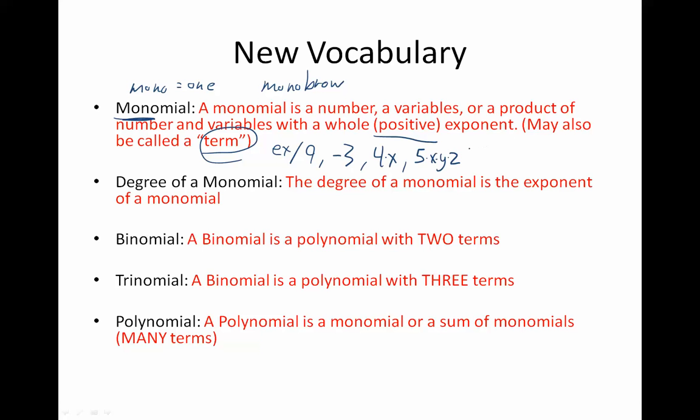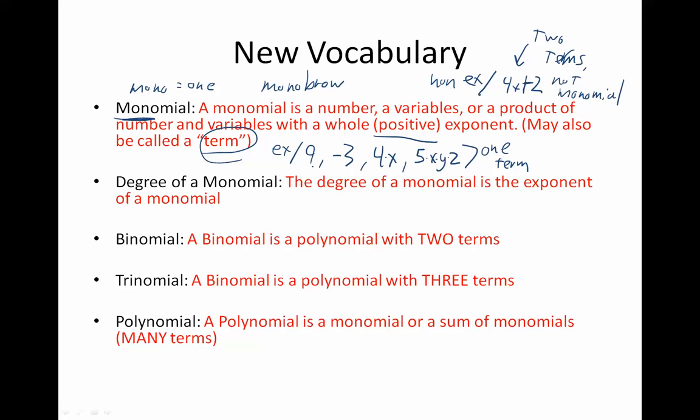These, by the way, are all one term. Some non-examples would be 4x plus 2, right? That is not one because notice that it has 2 terms. Which means not a monomial. Okay, so that's what a monomial is.